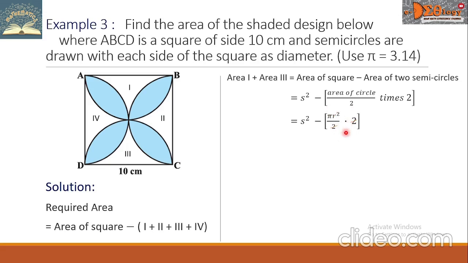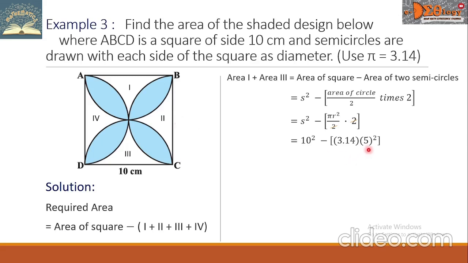We can now substitute the values. The s squared is 10, that is squared, minus the pi 3.14 and the radius. In our figure here, in the semicircle, the diameter is equal to the side of the square. Since the side of the square is 10, which is also the diameter, therefore, the radius is 5.